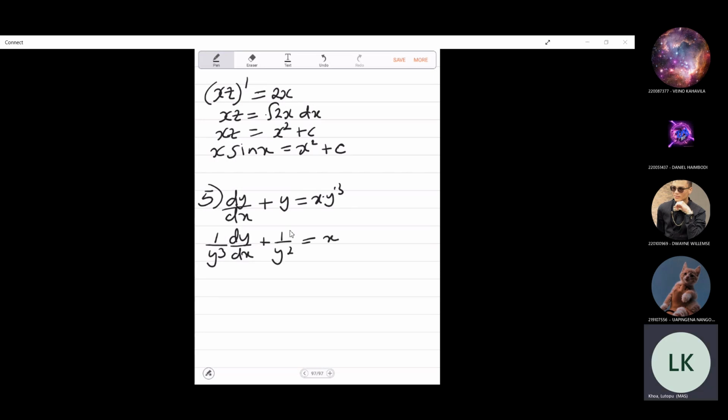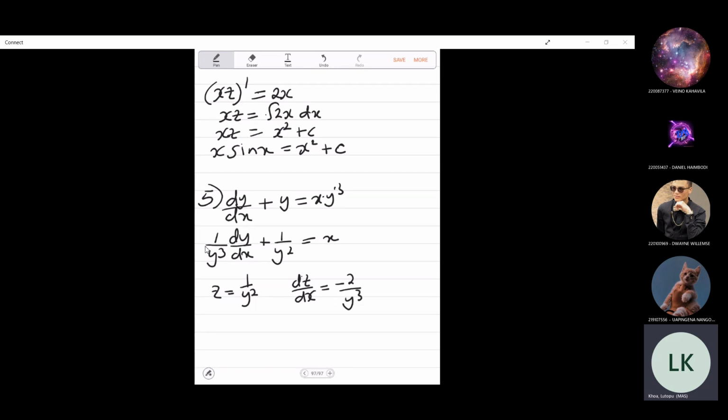Okay, and then we check if we have this function here, is this the derivative? The answer is yes. The only thing is it needs a constant. So we can say z is equal to 1 over y squared. And then this means that dz/dx is equal to negative 2 over y to the power of 3.